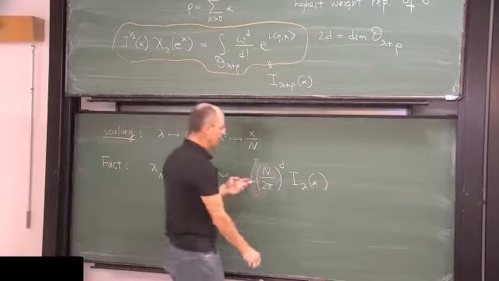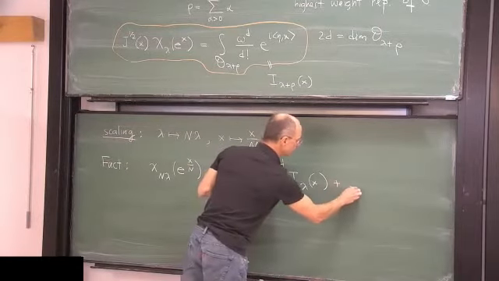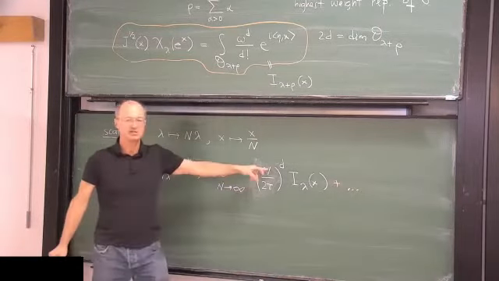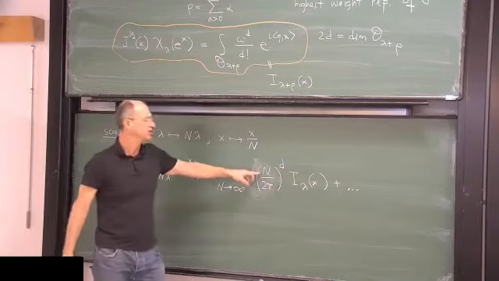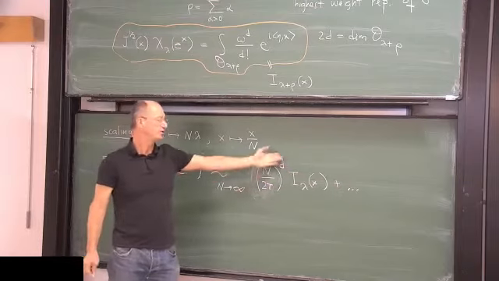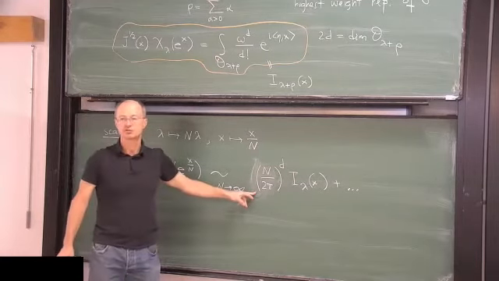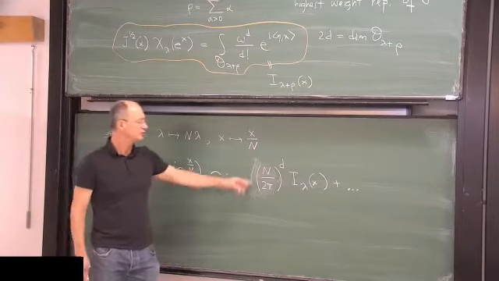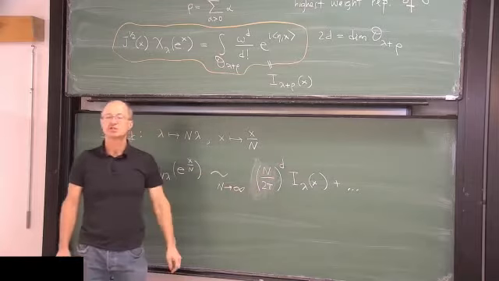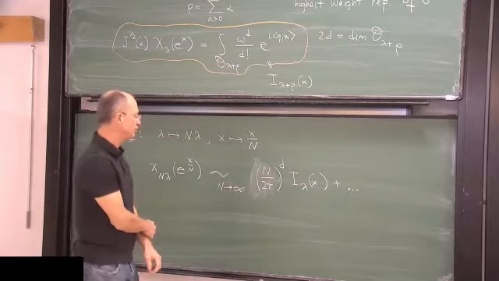In fact, there will be subleading corrections, say N to the power d minus 1 and so on. But that's the leading contribution, N to the power d, where d is half of the dimension of the orbit.